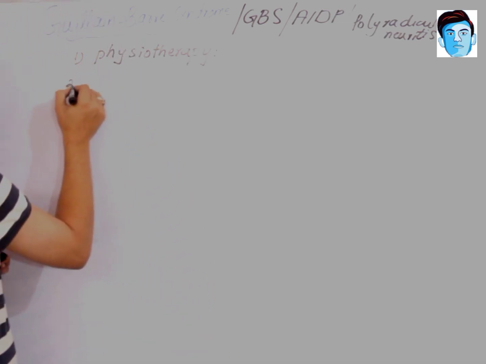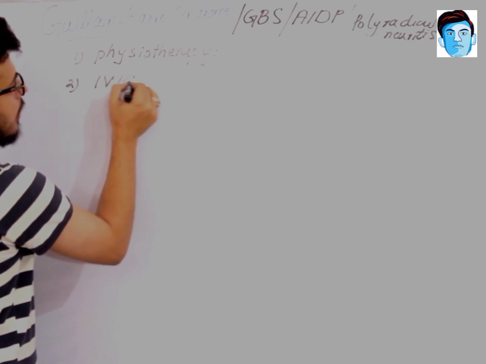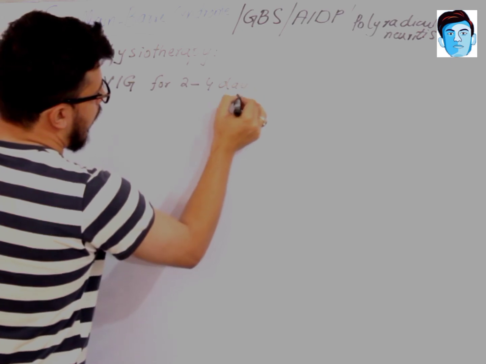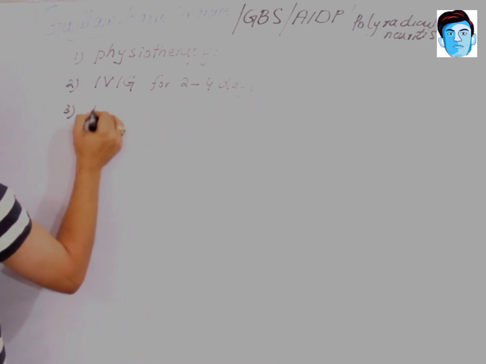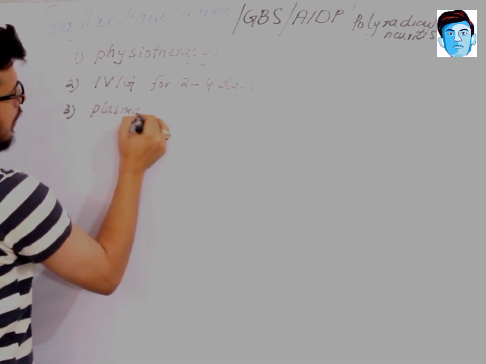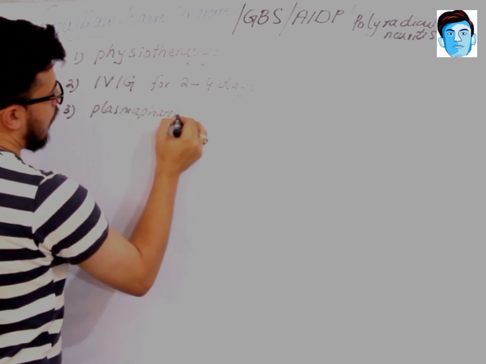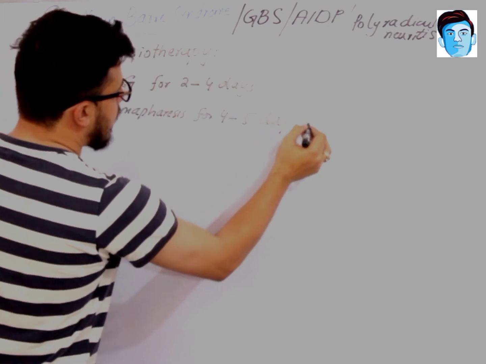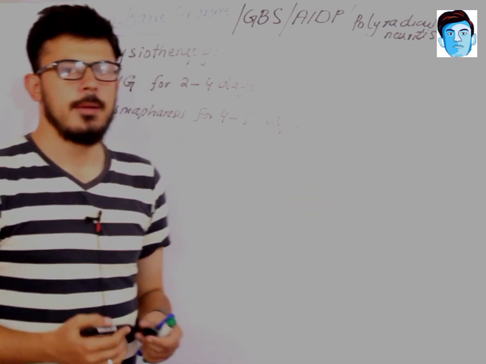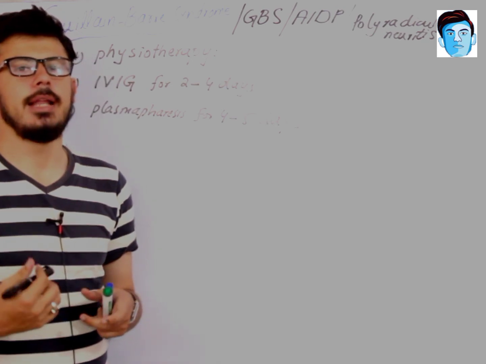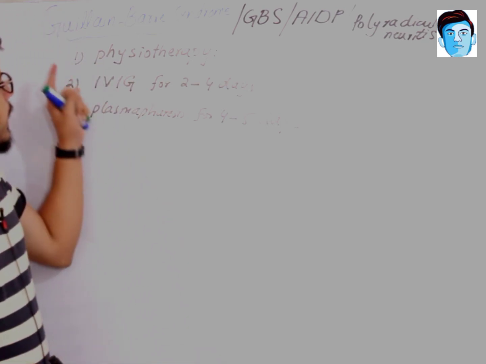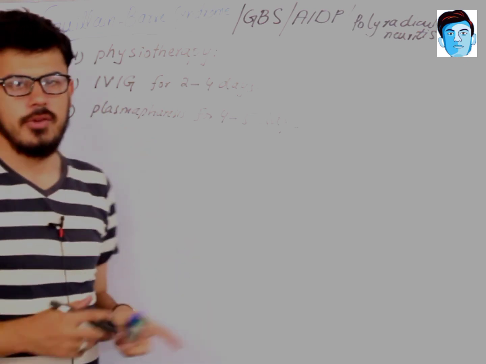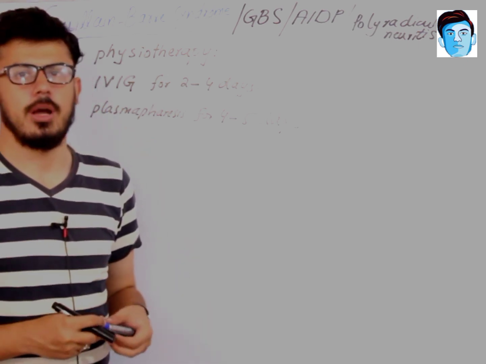Secondly, we can give intravenous immunoglobulins for 2 to 4 days, and also we can give plasmapheresis for 4 to 5 days. In plasmapheresis, we remove the patient's plasma along with the anti-myelin antibodies. So there are 3 options: physiotherapy, intravenous immunoglobulins, and plasmapheresis. These are the most definitive treatment options.